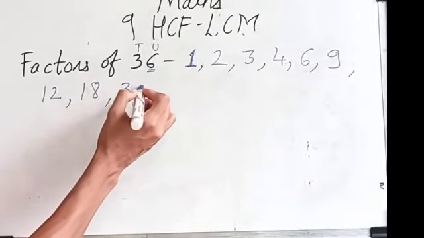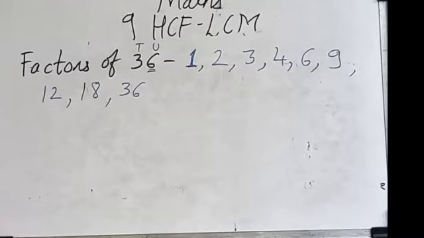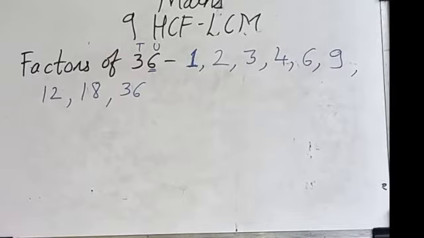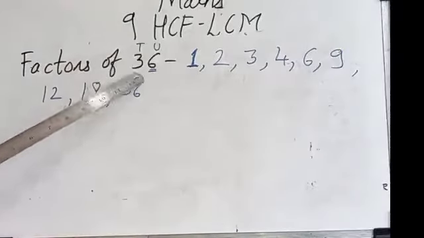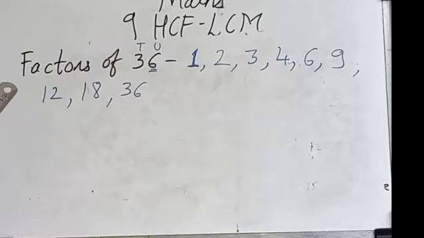And at the last, that number itself comes, 36. Okay, after 18, it is not there in any table, so I have written 36 directly. So you have to find each and every factor, students, by saying the tables or by using the divisibility tests. We have learned only about 6 tests.